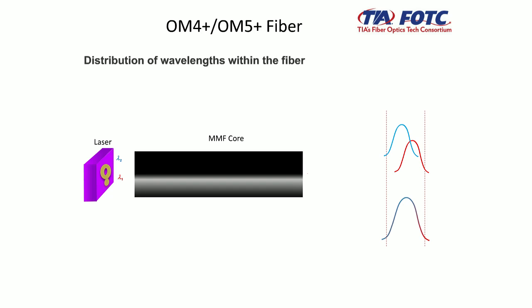wavelength, lambda 1, lambda 2, what gets emitted from the VCSEL, and how it ends up in the modes of the fiber. So basically higher order modes are coupling the blue light, we'll call it the blue light, and going straight through is the red light. And what you get is an overlap of power of the blue and the red.